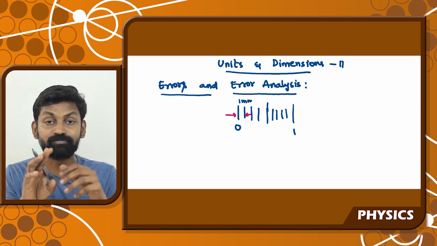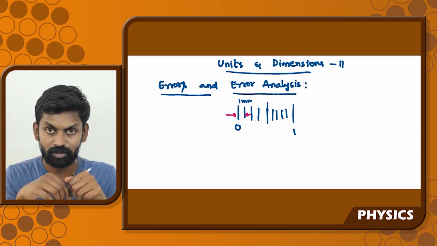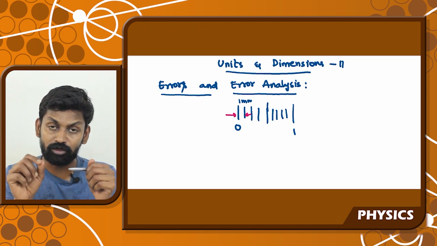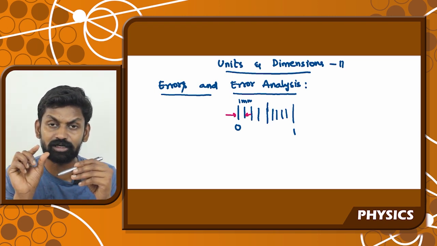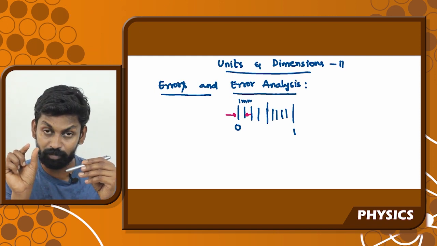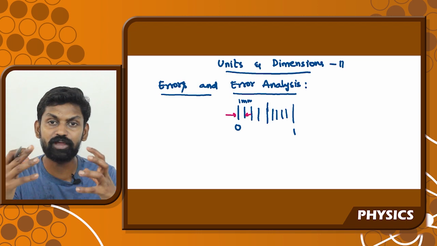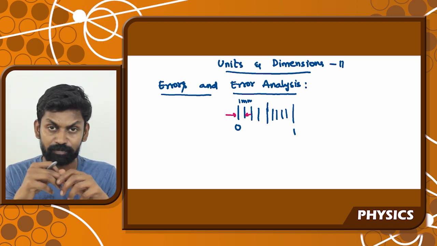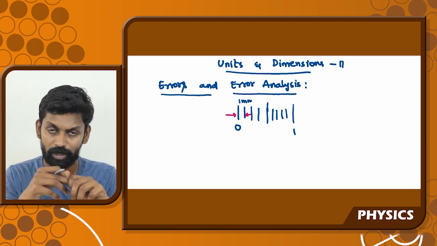Now assume that I have a pen whose length is 12.5 millimeters. I can measure accurately either 12 millimeters or 13 millimeters. I cannot measure the 0.5 using the scale. So there are limitations of every measuring instrument, which will end up giving us a value which is not as accurate as the true value.